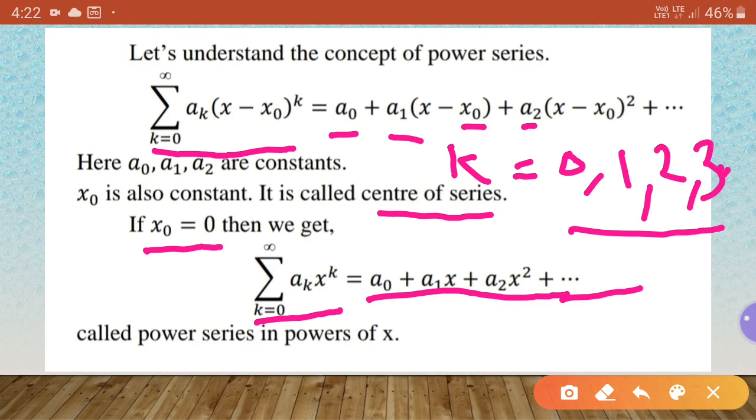For any value of x0 we can substitute that value and we will get a power series. Power series means it starts from a constant, multiplied by another constant times power of x, in increasing power of x: x to the power 0, then 1, then 2, then 3.